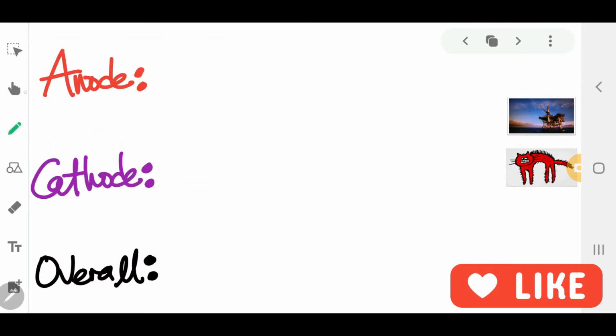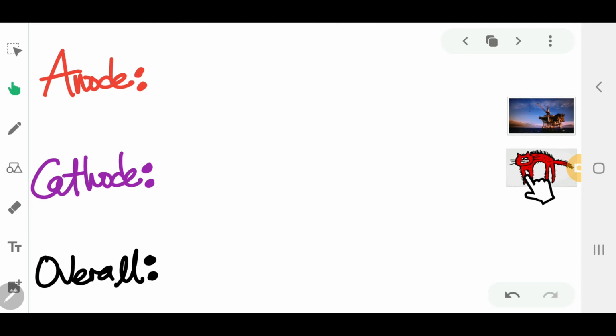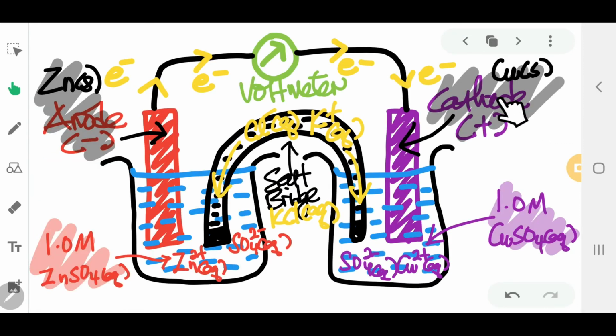Based on RED CAT, reduction happens at the cathode. And if you look at OIL RIG, reduction is gaining of electrons. So the cathode is gaining electrons and the anode is losing electrons. So how are you going to write the half-cells for anode and cathode?